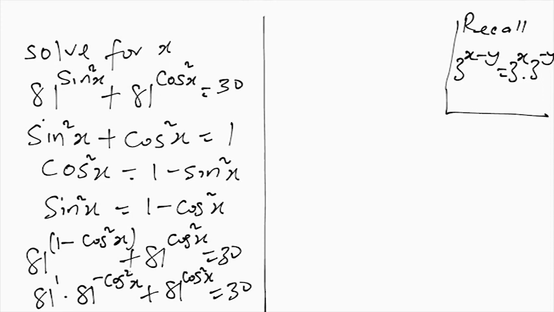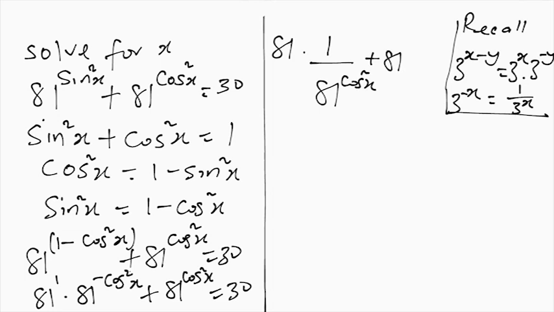And also don't forget that in indices, 3 raised to the power minus x is the same thing as 1 over 3 raised to the power x. One of the laws of indices. So if this is anything to go by, this expression can become, of course we know that 81 raised to the power 1 is 81, so we have 81 multiplied by 1 over 81 raised to the power cos square x, plus 81 raised to the power cos square x, which equals 30.